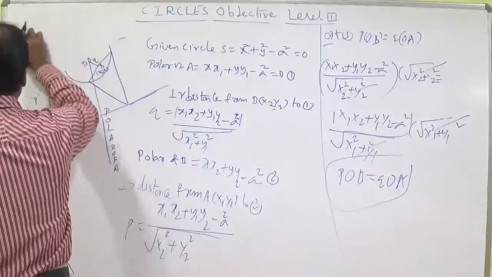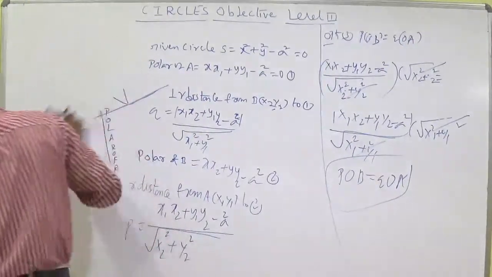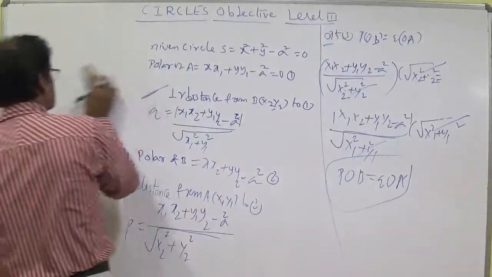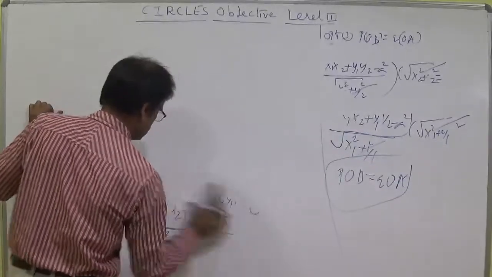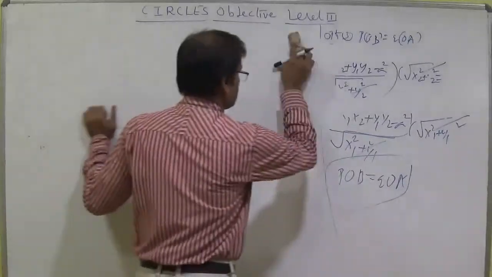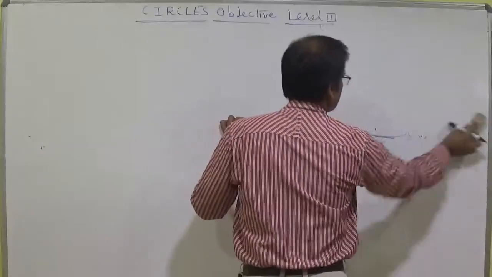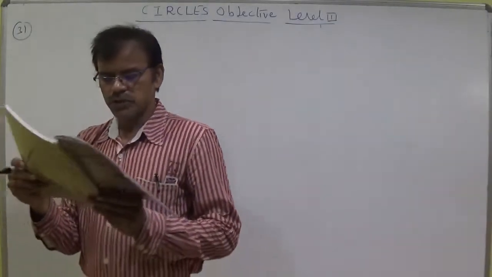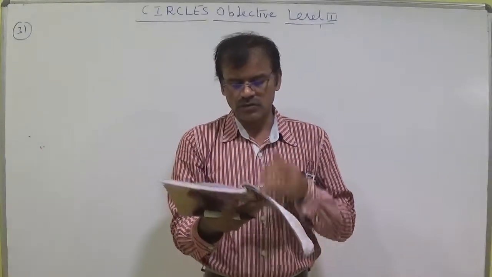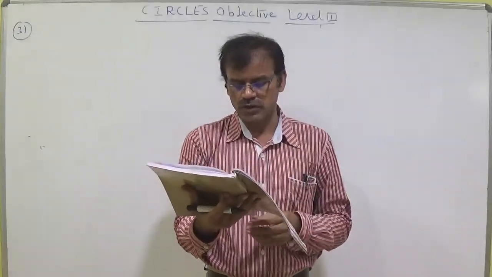Now let us discuss the next question. 31. The equation of pair of tangents from origin to the circle 24xy plus 7y square equal to 0.